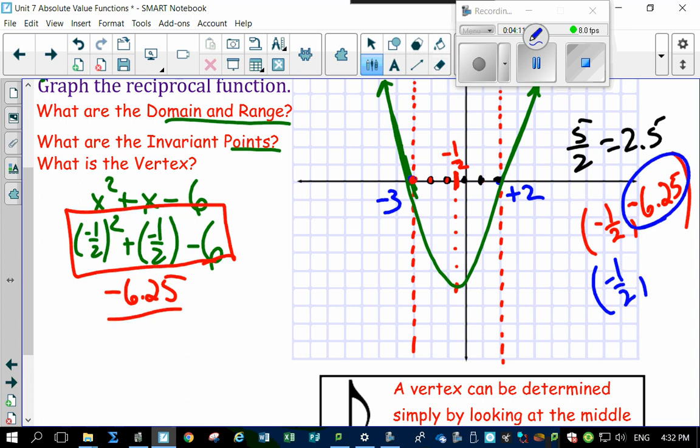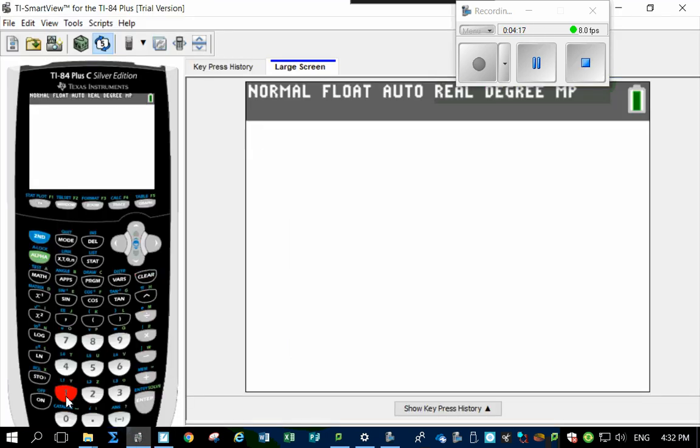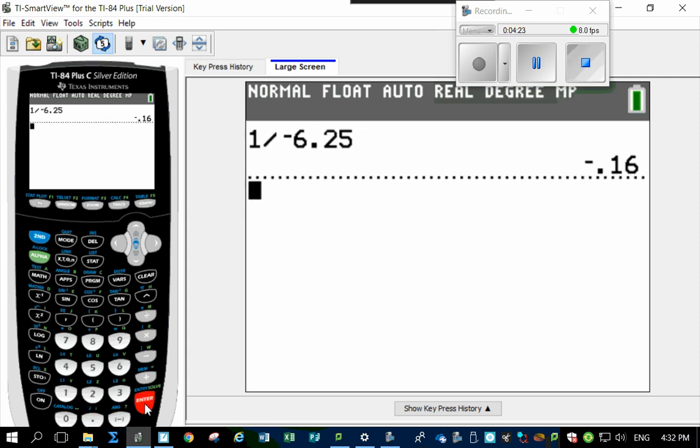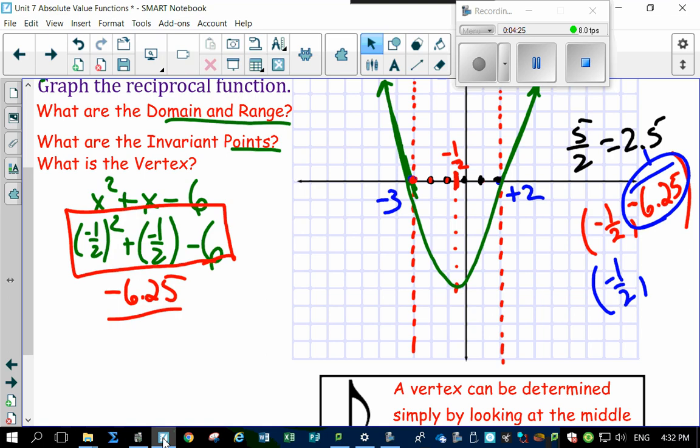Well, all you got to do is just put it over 1. So 1 over negative 6.25. 1 divided by negative 6.25 works out to be negative 0.16. There's your vertex of your reciprocal. So this becomes negative 0.16. There's your vertex of your reciprocal function right there.